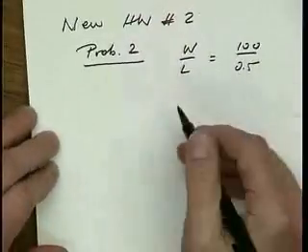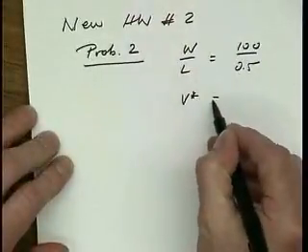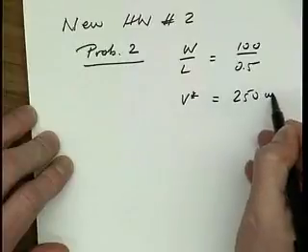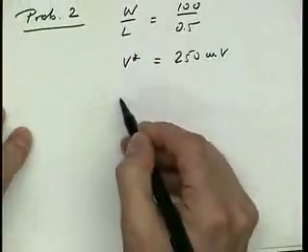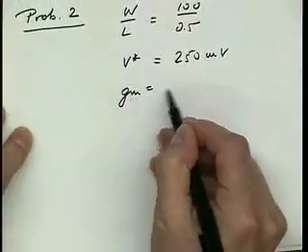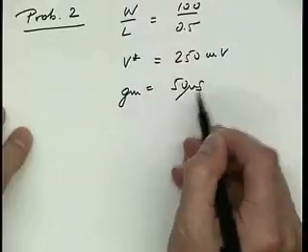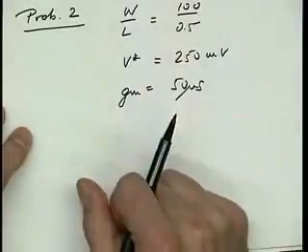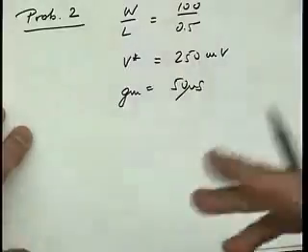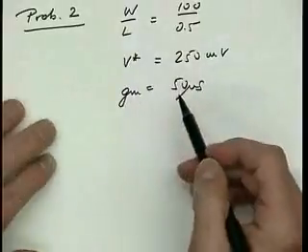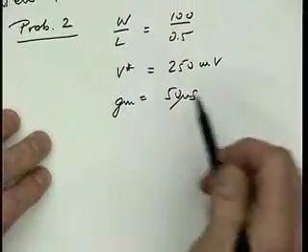I also specify V star, I believe it's 250 millivolts. And then I specify gm 50 microsiemens. And of course, by now we are over-specified, right? If we also assume that we have the 240 process.